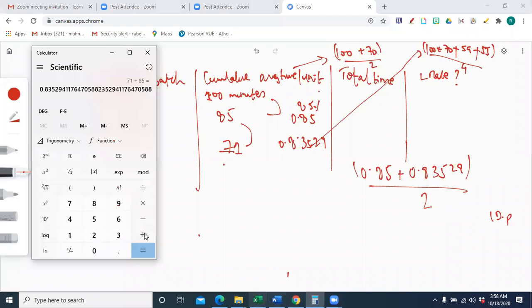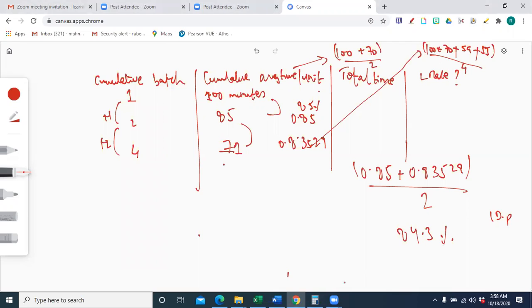Then multiply it with 100 as well, since you want the answer in percentages. So the answer is 84.26. To one decimal place, this is the rounding figure, and the next number is greater than 5, so this will be increased by 1. So it's going to be 84.3%.